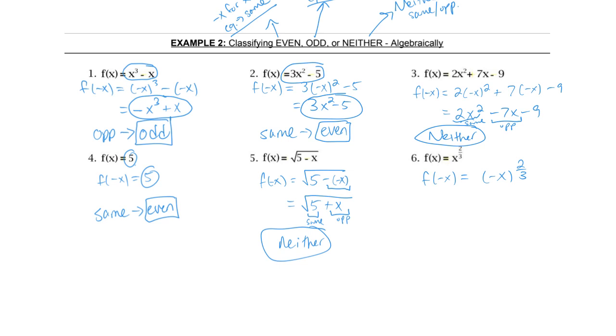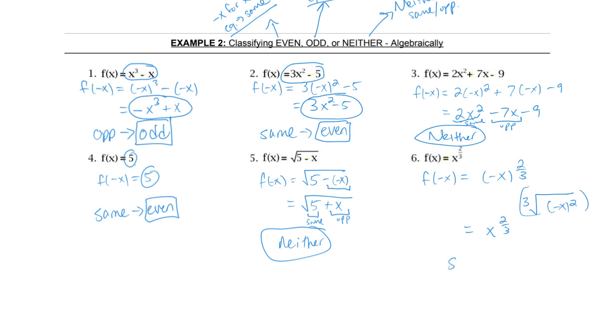Now negative x to the 2/3 is technically the cube root of negative x squared. If you square anything, it stays the same, so it's going to stay as x to the 2/3.